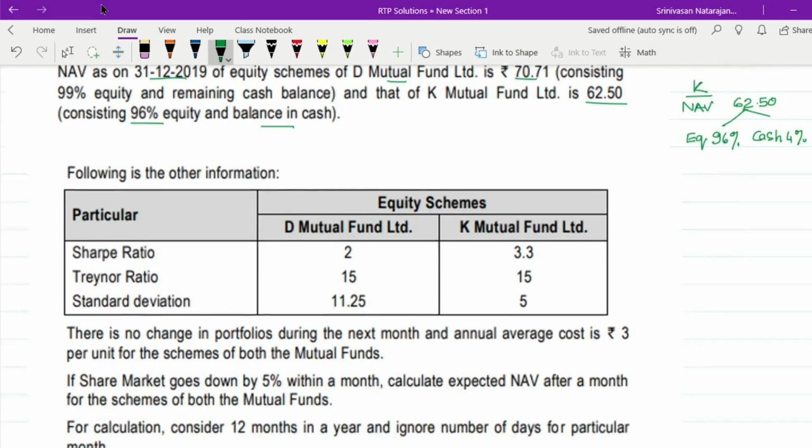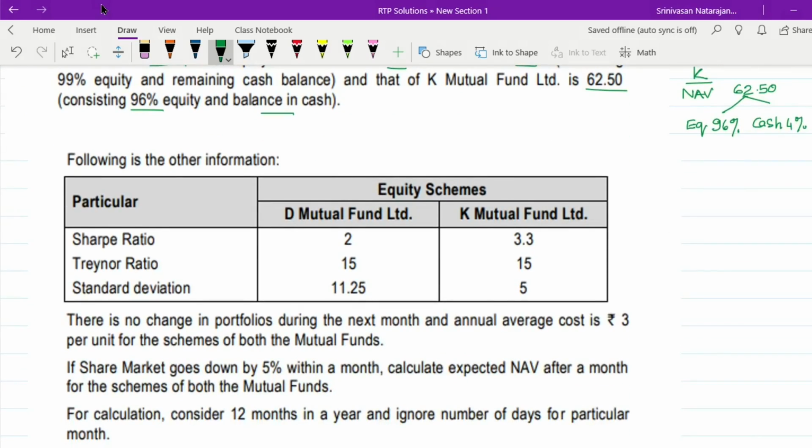Following other information is given for D mutual fund and K mutual fund. Sharpe ratio for D mutual fund is 2 and for K mutual fund is 3.3. Treynor's ratio is 15 for both of these funds and standard deviation is 11.25 for D mutual fund and for K mutual fund it is 5.